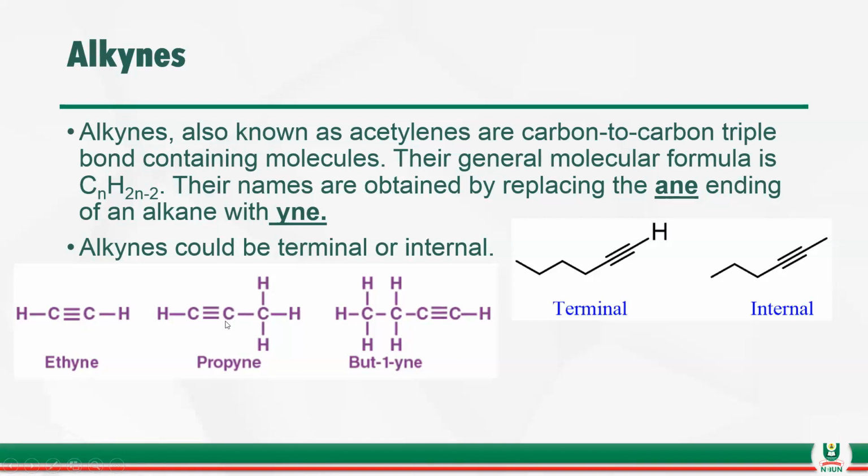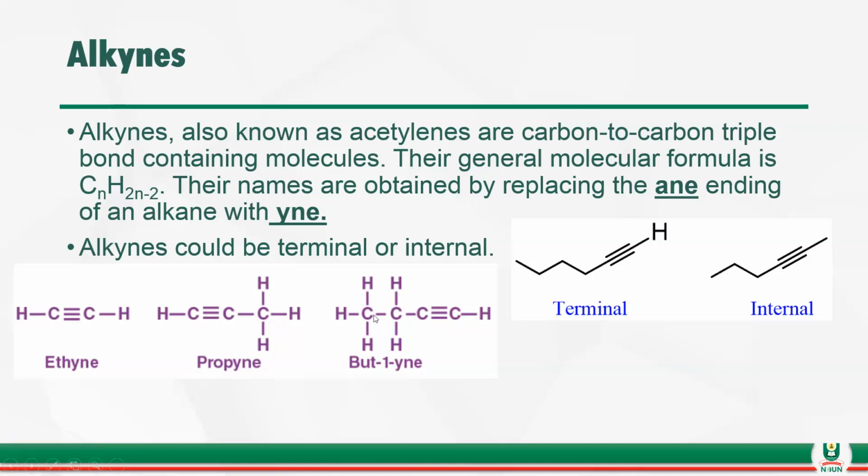Then how many carbons do we have here? 1, 2, 3. So for a 3-carbon alkane, this should have been propane because it contains 3 carbons. But here, because of this triple bond, it is no longer propane, it is rather propyne.